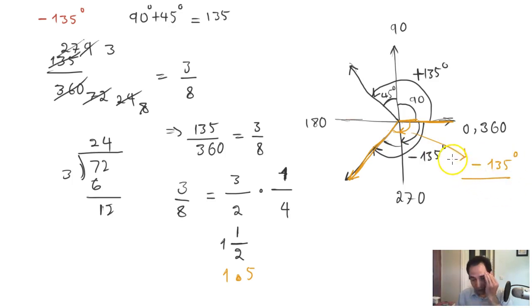So basically you can do it in any way that you want, but essentially the easiest way is first to look at your angle. If it's a negative angle, you are essentially moving in the negative direction, in this direction, and then whenever you can, break it up into smaller angles that fit into these quadrants. For example, 135 degrees is 90 plus 45.